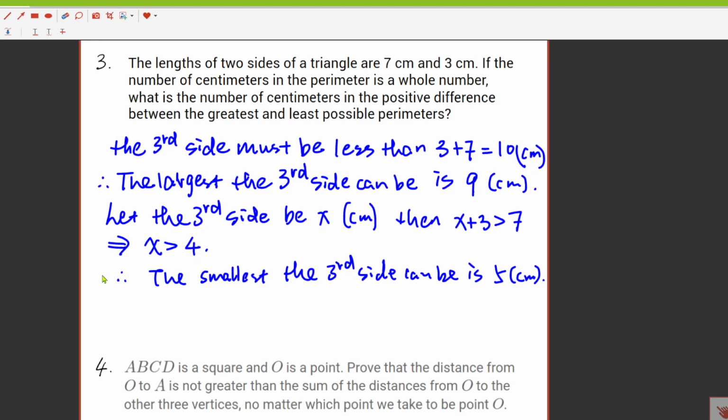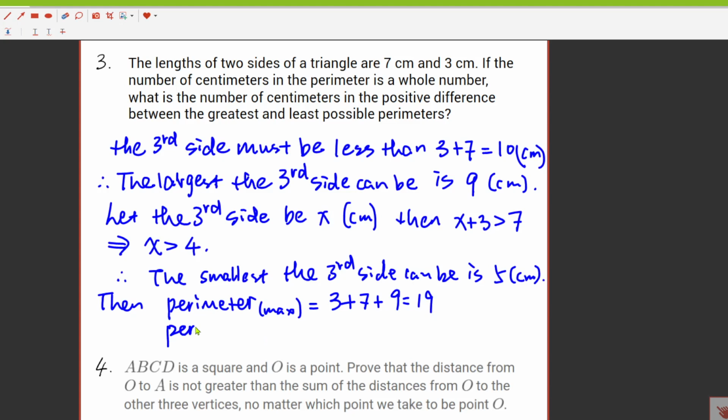Then the greatest possible perimeter is 3 plus 7 plus 9, which is 19, right? Let's say max perimeter is 3 plus 7 plus 9, which is 19.